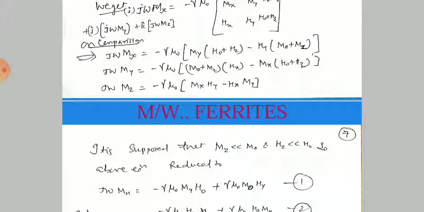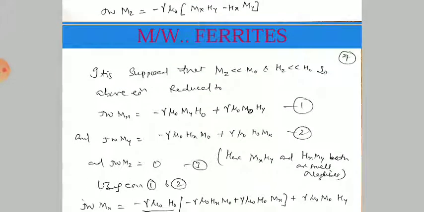It is supposed that Mz is very much less than M0 and Hz is less than H0. The above equations reduce to j omega Mx equal to minus gamma mu0 My H0 plus gamma mu0 M0 Hy. Second, j omega My equal to minus gamma mu0 Hx M0 plus gamma mu0 H0 Mx, and the last, j omega Mz equal to 0.